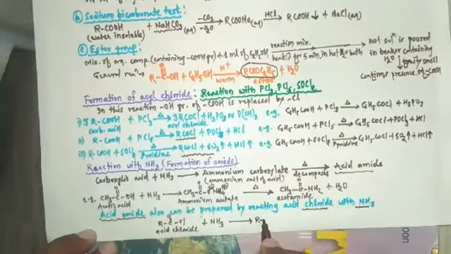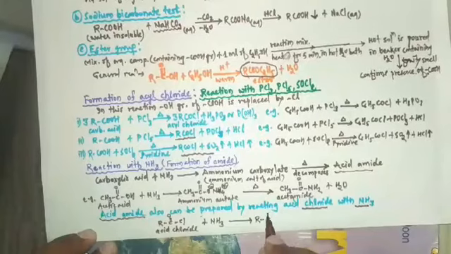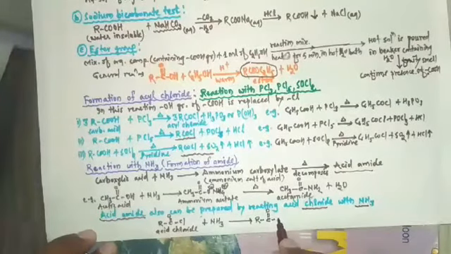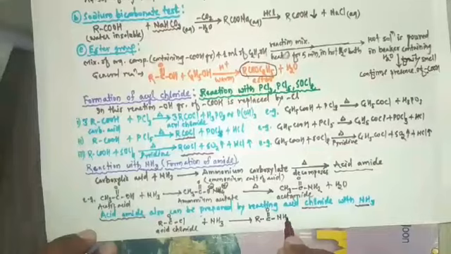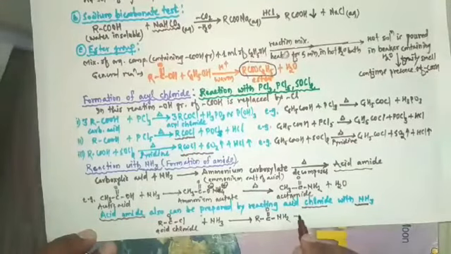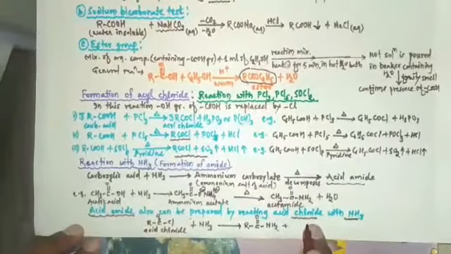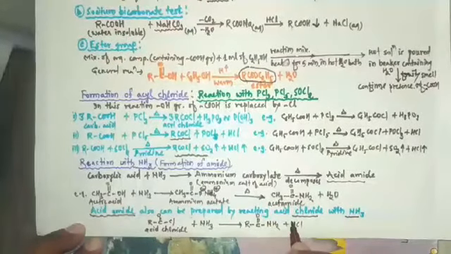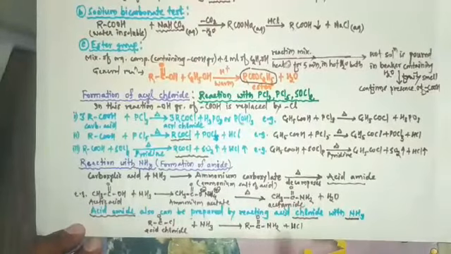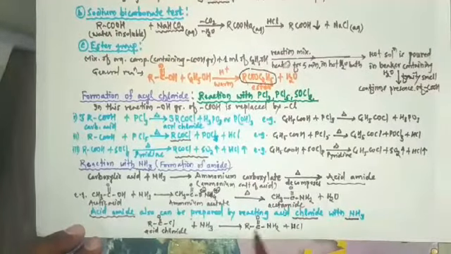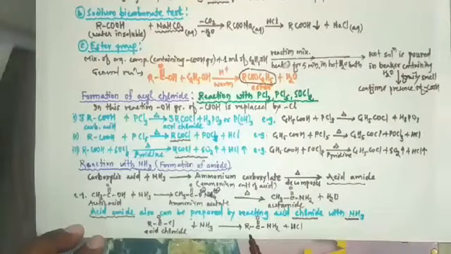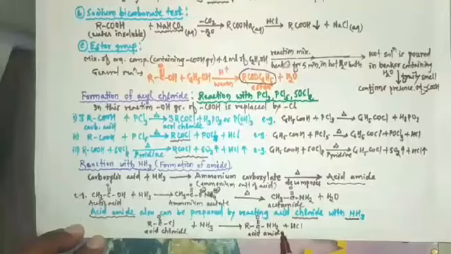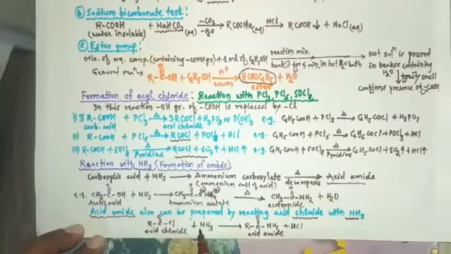The amide has the general formula RC double bond O, NH2. And the byproduct formed is HCl. Thus we can prepare acid amide by using acid chloride and ammonia.